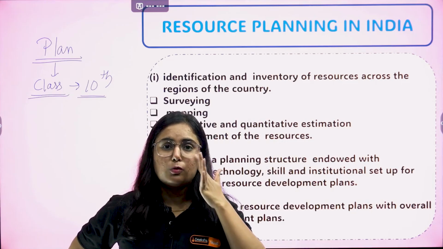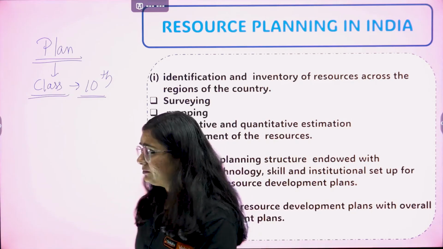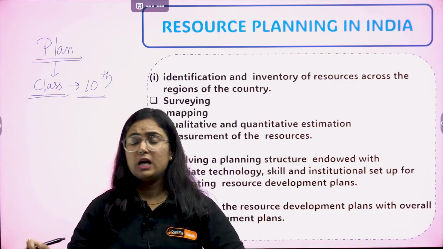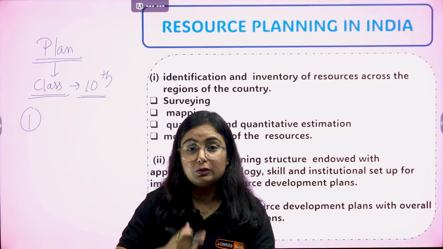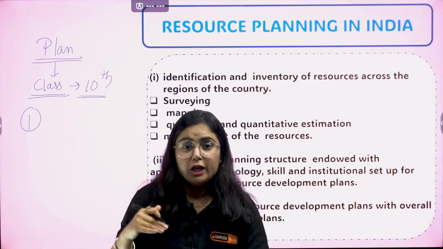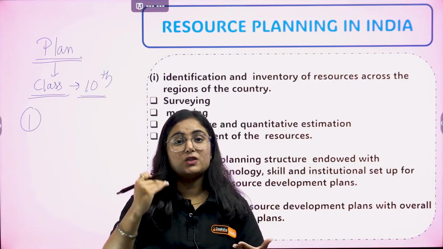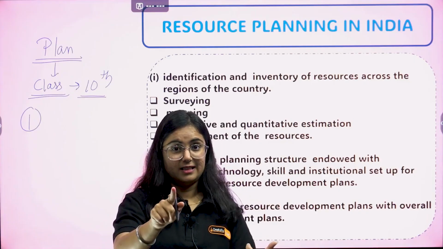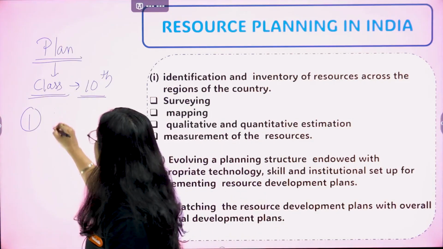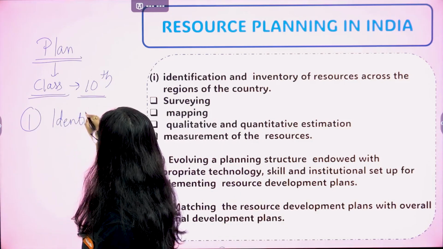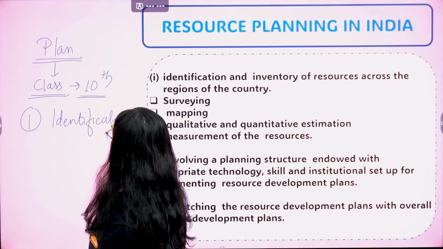Oh my God, so much to study, isn't it? On the first day when the books come, you will go through the index of the books. You will identify which chapters you are going to study in class 10th, isn't it? This is planning. This is the first process of planning. So the first process of planning is identification.